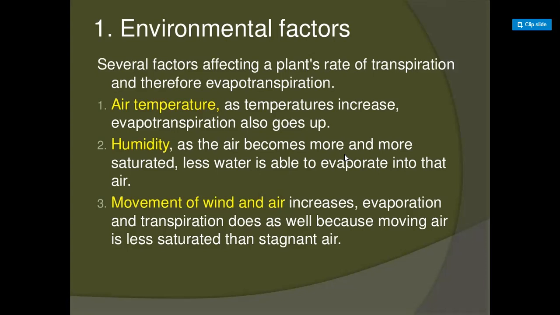Humidity: as the air becomes more and more saturated, less water is able to evaporate into the air. Wind: movement of air increases evaporation and transpiration as well, because moving air is less saturated than stagnant air.